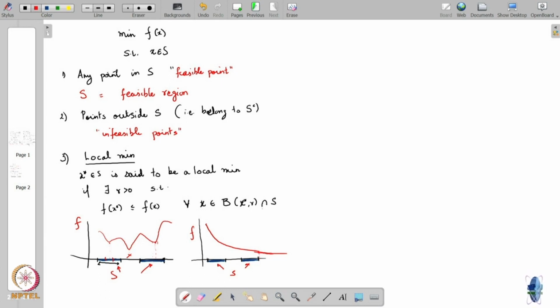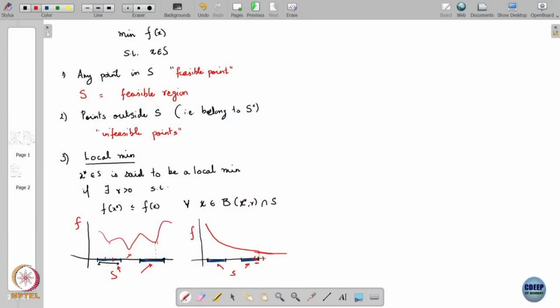If I take a small ball around this point and intersect that ball with S, what I am left with is only this part, and in this part the right hand point gives you the least possible value.